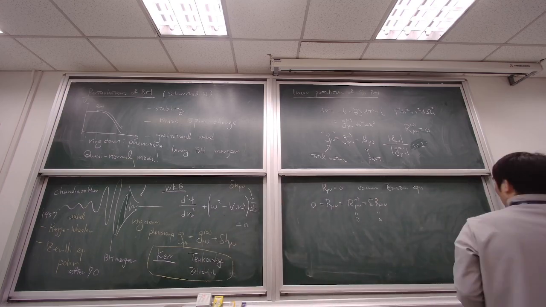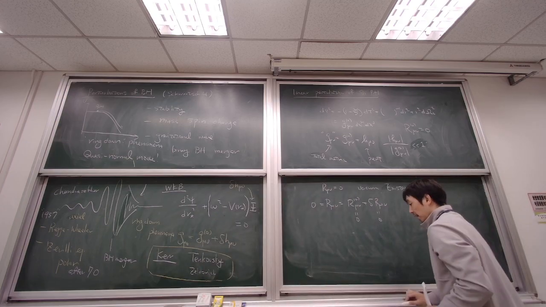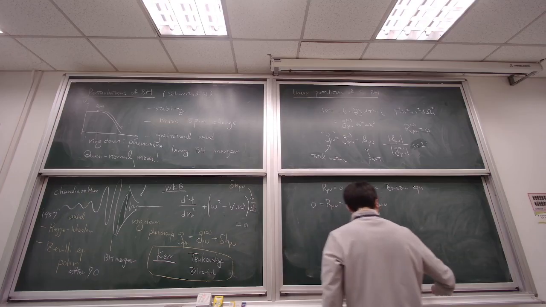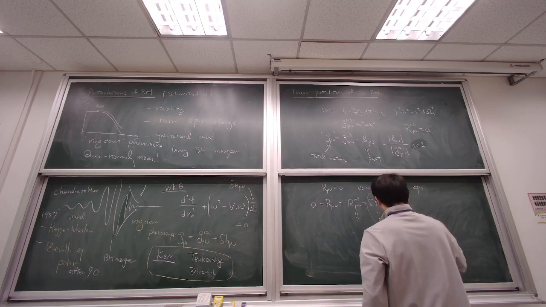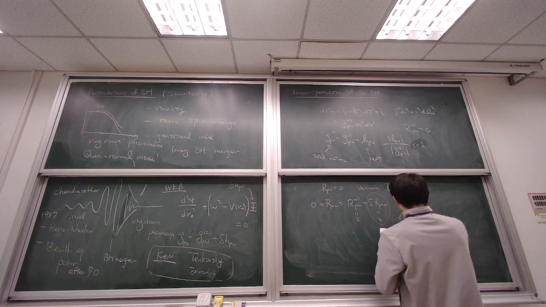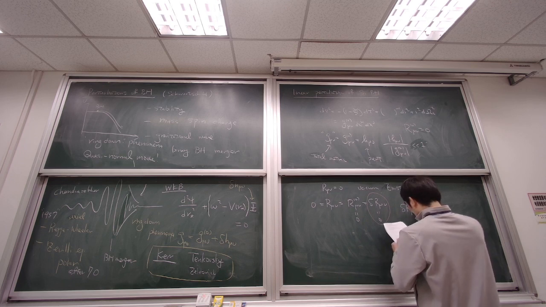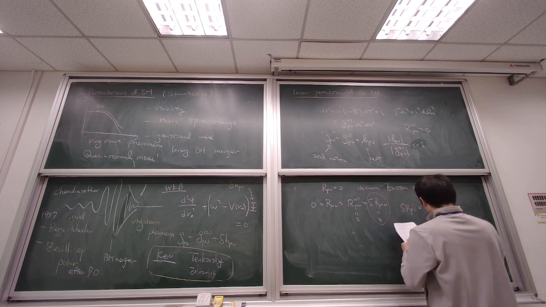And the alternative way to explain this is delta R mu nu, minus, it's just calculation.